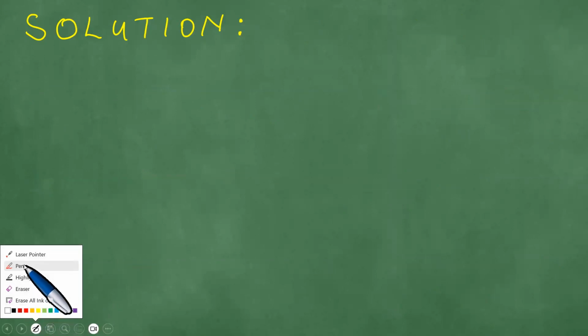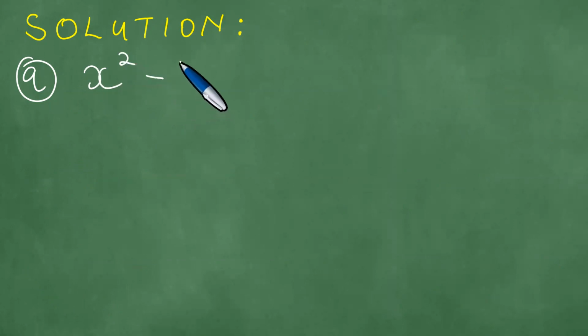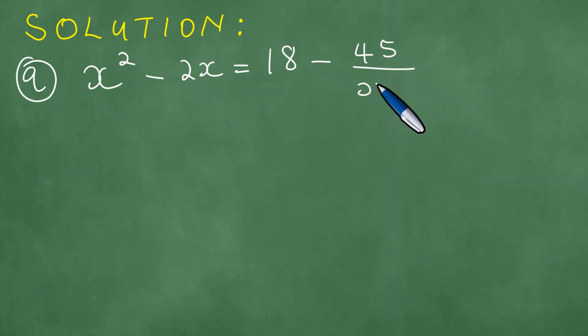Right, first things first, we solve the problem in part A. So we have A. And in A, we have exactly x squared minus twice x, and this is exactly equal to 18 minus 45 divided by x squared minus 2x.